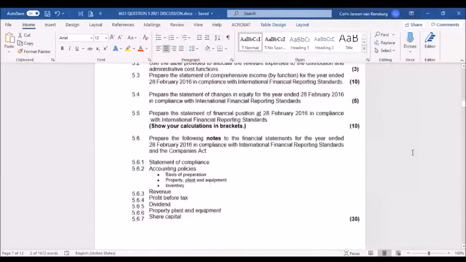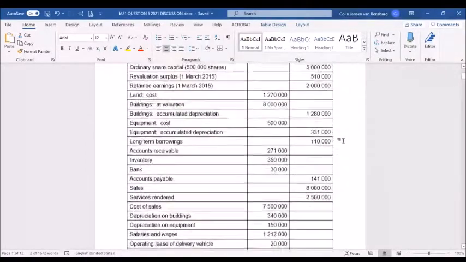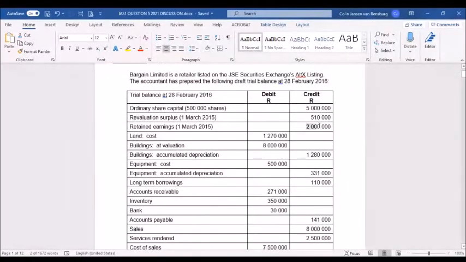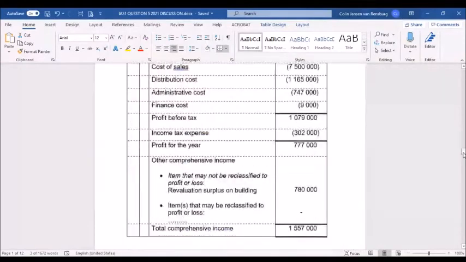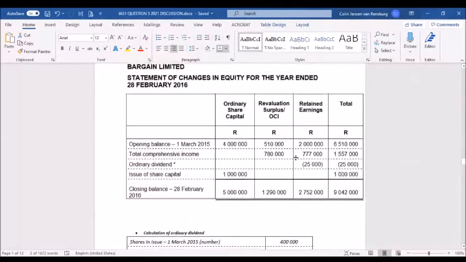There we go, the retained earnings at the beginning of the year, an amount of 2 million. So we simply copy that over and paste it in our first line item under retained earnings. Right, so those are the three opening balances. And then for our totals column, we simply add them up across. The 4 million plus 2 million gives us 6 million, plus 510,000 gives us 6,510,000. So that is our first line item.